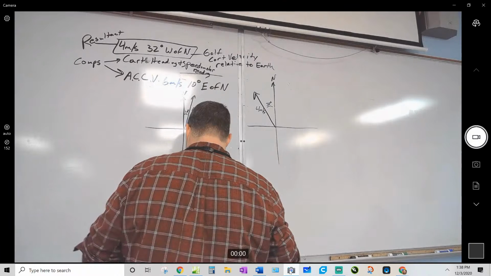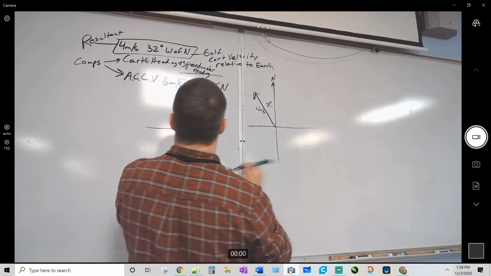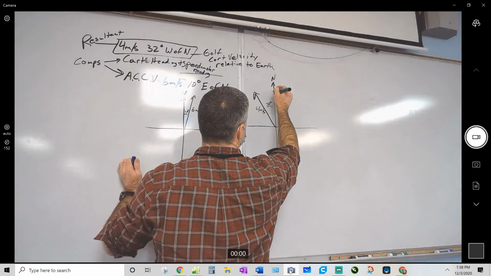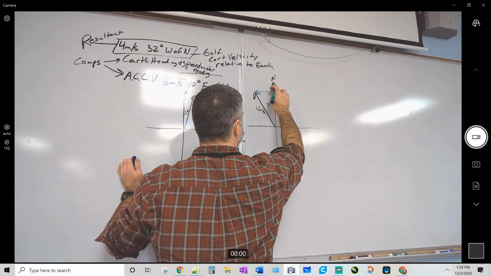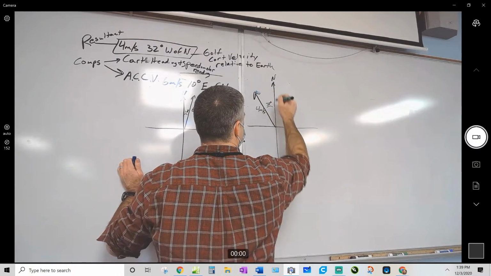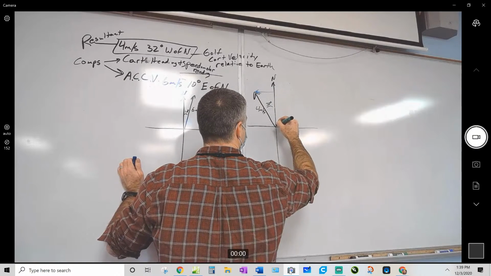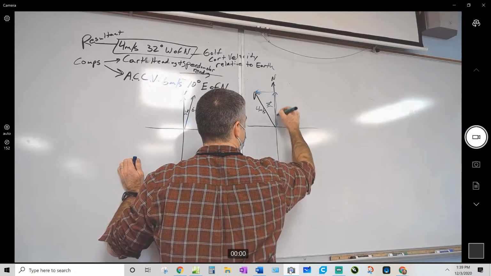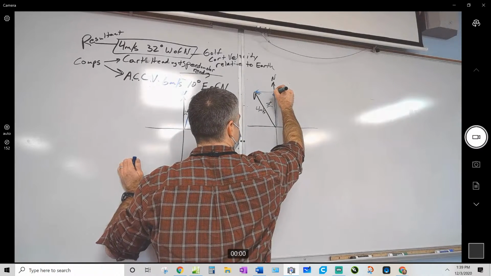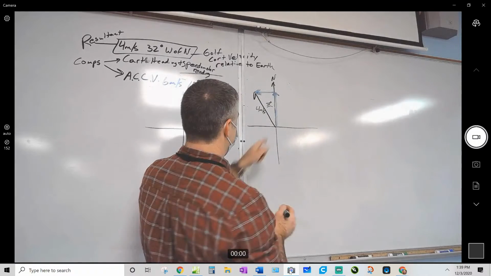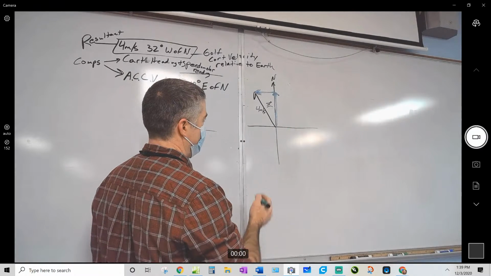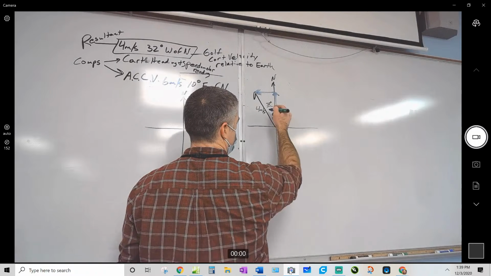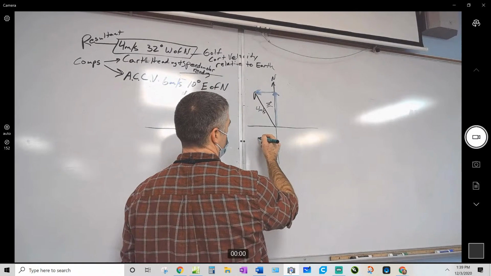For this vector, this is the y component and this is the x component. I'd like somebody to calculate that y component there. And if this is 32 degrees, I'll do a little formula for it.